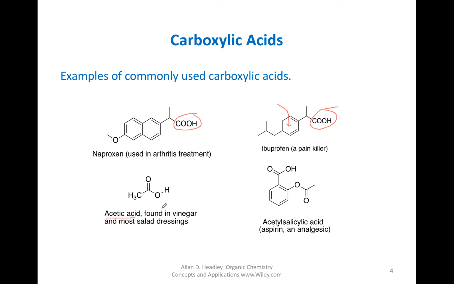Acetic acid, found in vinegar and salad dressing. Here is the carboxylic acid functionality. And aspirin, it's a carboxylic acid, and here it is. Here's another functional group though that we look at today in terms of the nomenclature. So it's an ester and also a carboxylic acid and a benzene ring.